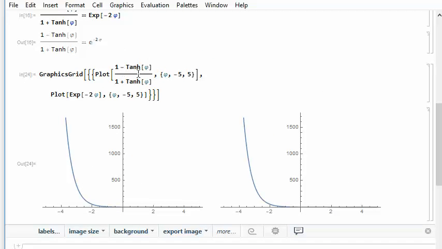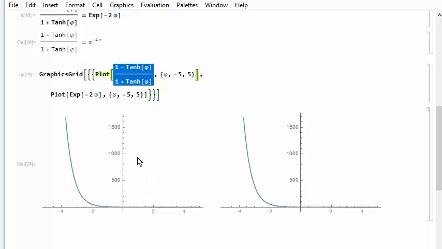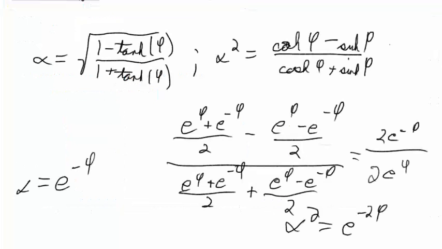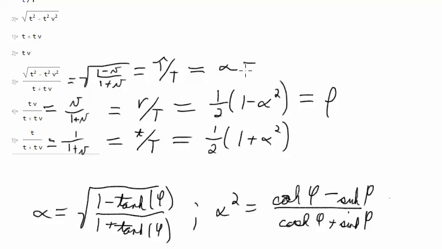That 1 minus hyperbolic tangent of phi divided by 1 plus hyperbolic tangent phi does give us e to the negative 2 phi. We've seen it in graph, and we've seen it worked out in algebra, so it's pretty convincing. So we can also say that this is e to the negative phi right here.